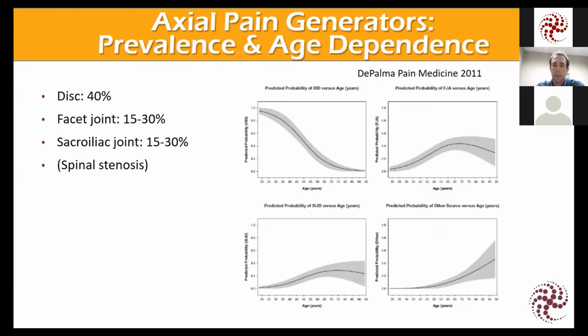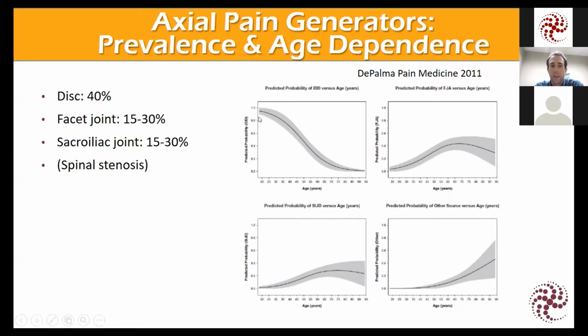And so the most common causes of chronic or subacute to chronic spine pain are pain from the discs, pain from the facet joints, pain from the sacroiliac joint, and then spinal stenosis is another common cause of pain. And over here, you see these graphs on the right. The incidence and prevalence of pain from these structures is very much dependent on your age. In this graph right here, this is looking at disc pain.